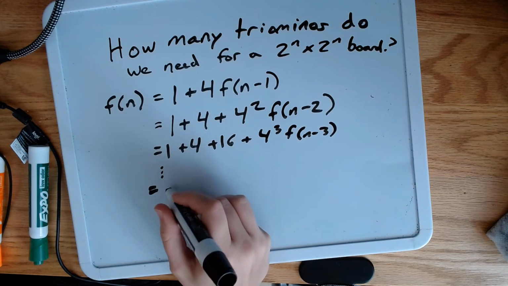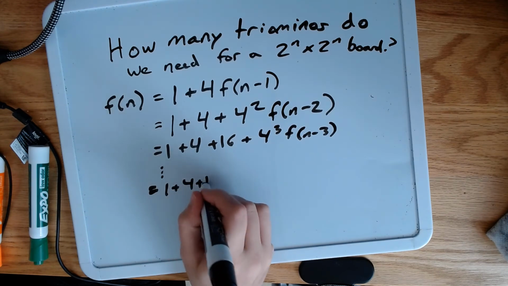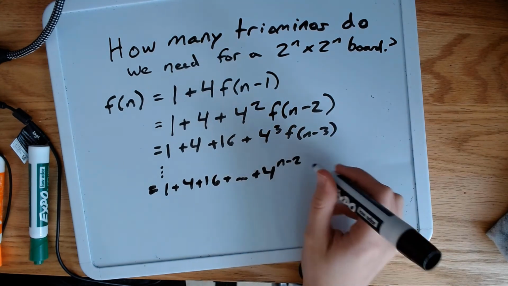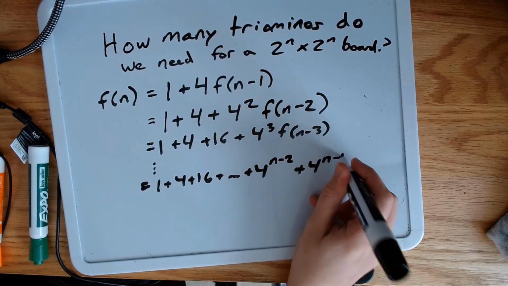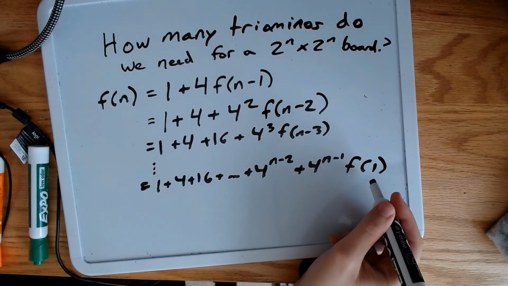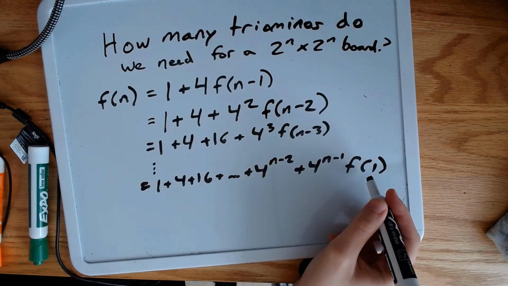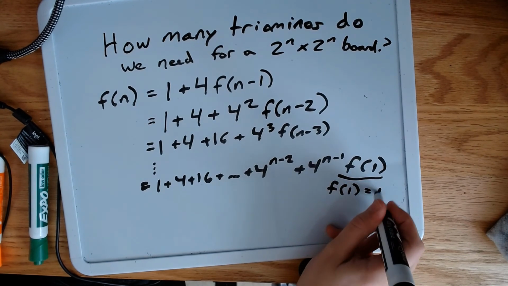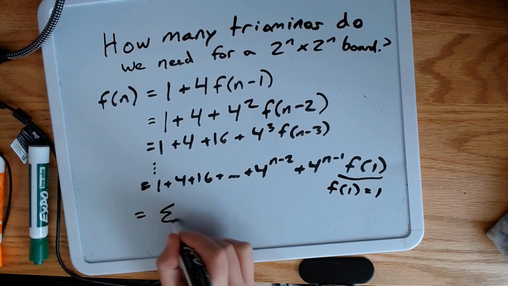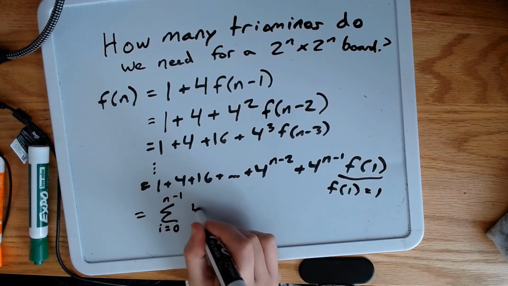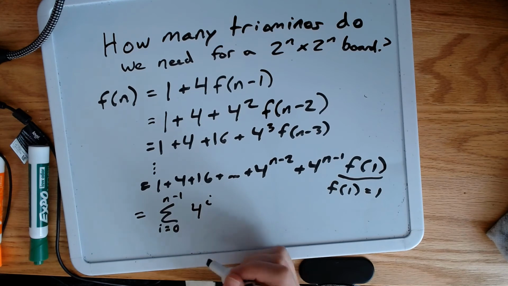This is going to become 1 plus 4 plus 16 plus dot dot dot 4 to the n minus 2 plus 4 to the n minus 1 times f of 1. Now, how many triominoes did we need for a 2 to the 1 by 2 to the 1 board? Well, that was just 1, so f of 1 equals 1. So this is the sum from i equals 0 to n minus 1 of 4 to the i.